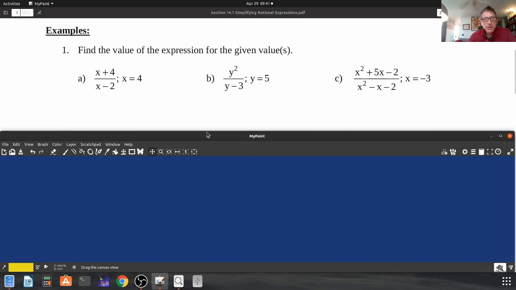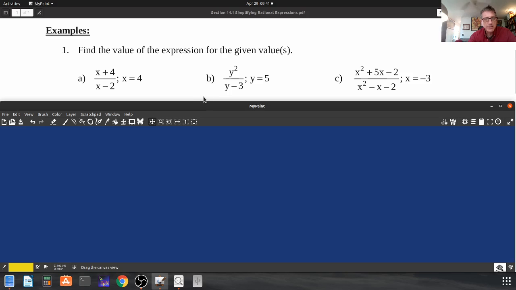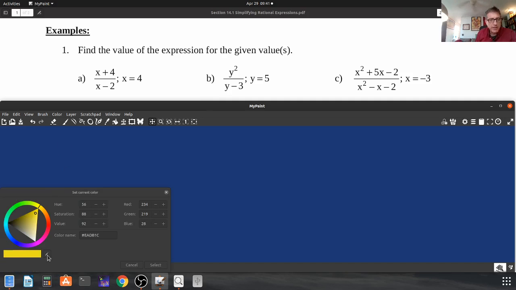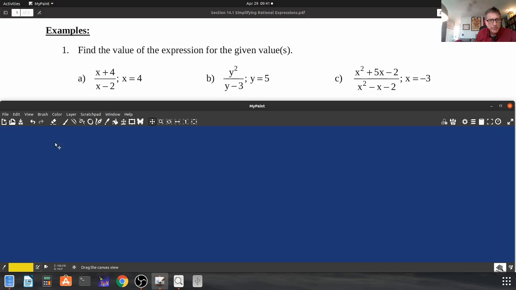So the first thing we're going to do is we're just going to look at some rational expressions and evaluate them for the given values of x. So this is 1a. And recall, I'm just doing this once. If p of x is equal to x plus 4, that's clearly a polynomial.